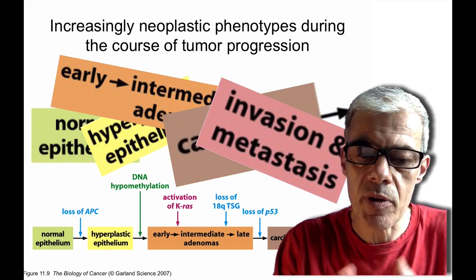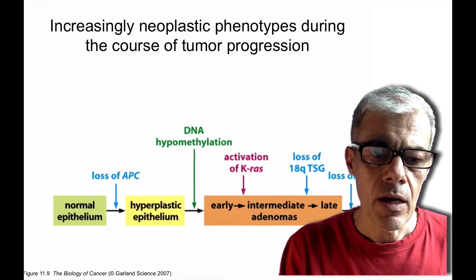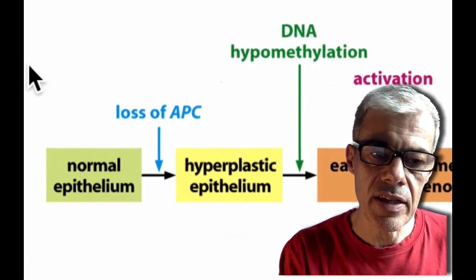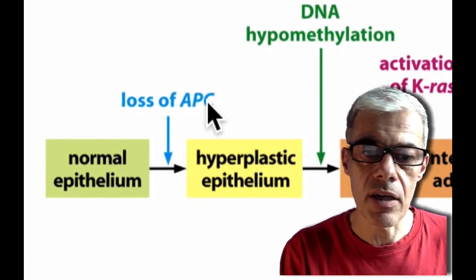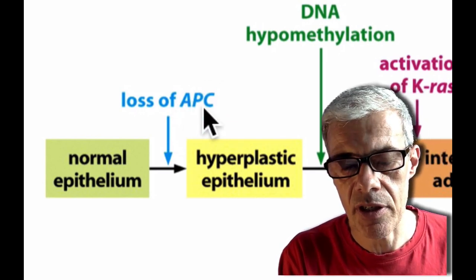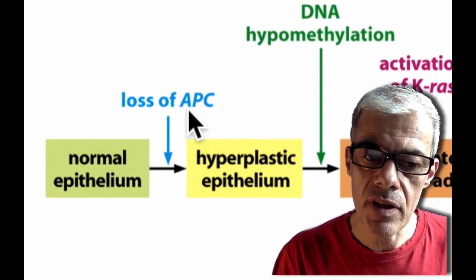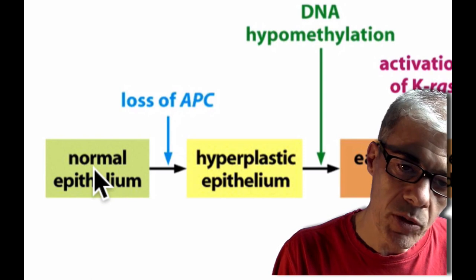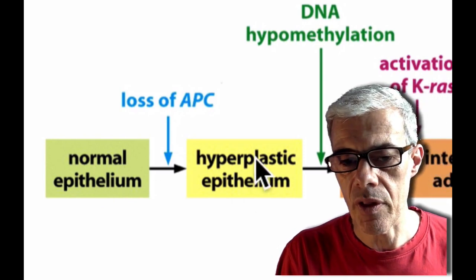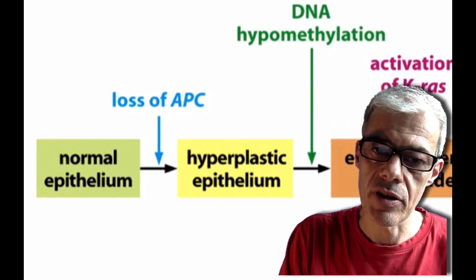So what are these multiple steps that are occurring? One of the first genetic events that we know about from familial studies is the loss of the APC gene. This is a tumor suppressor that can be lost, and it is one of the first events that often occur in the progression of a normal cell into a cell starting to move along that tumor progression.